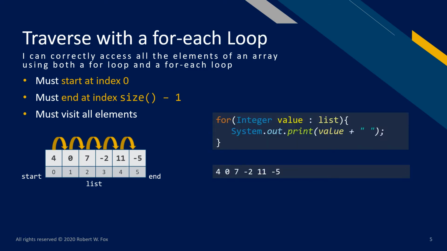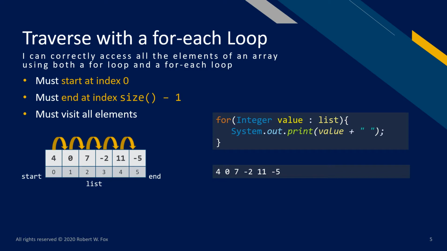We can also do our traversal with a for each loop, also known as an enhanced for loop, and you can see the example of that here. Notice that we don't do anything with indexes when it's a for each loop. So instead we say for each integer value in the list. And so value will actually take on the value of the elements in the list.